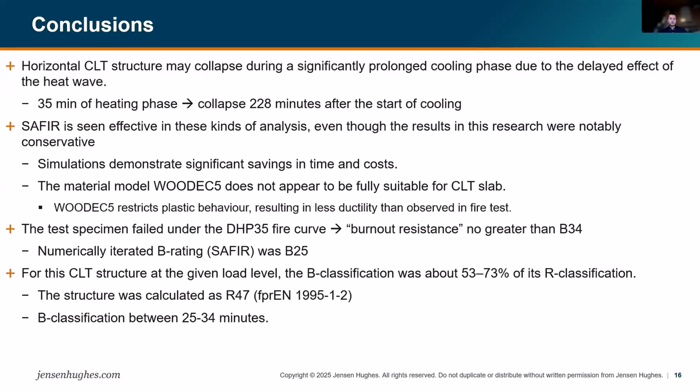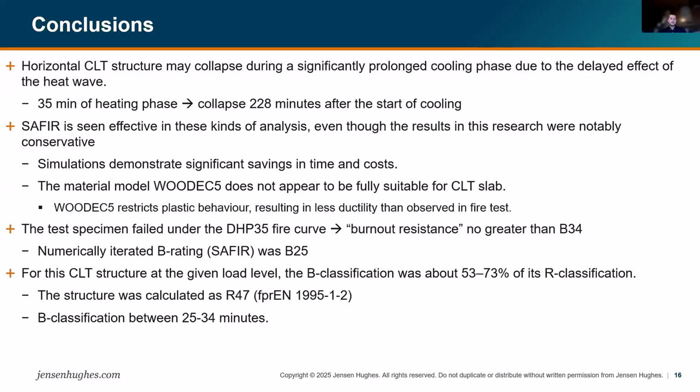The material model wood EC5 does not appear to be fully suitable for the CLT slab, as it restricts the plastic behavior, resulting in less ductility than observed in the fire test, where the test specimen was observed to be very ductile, of course.